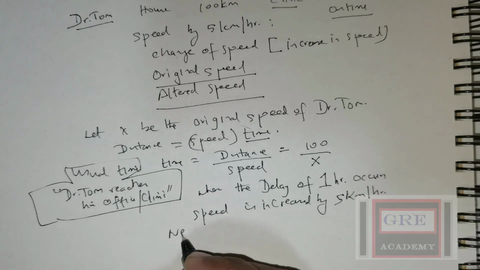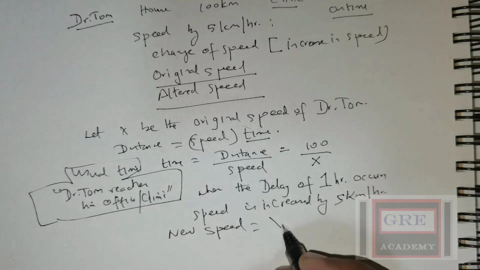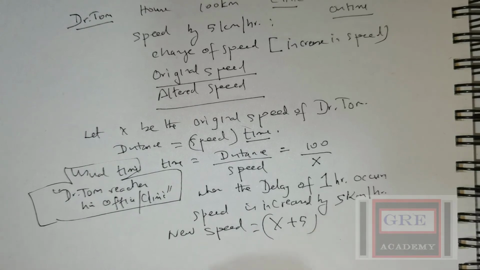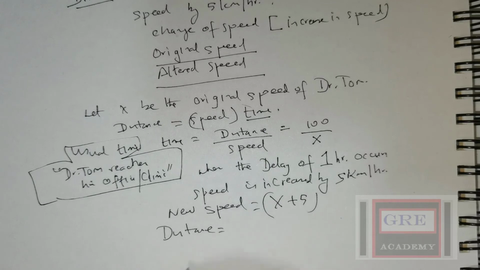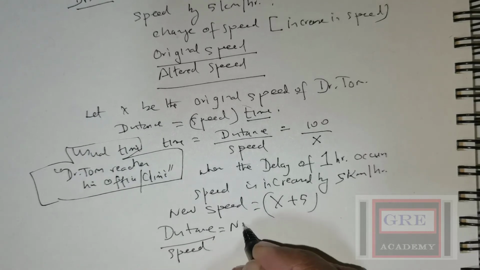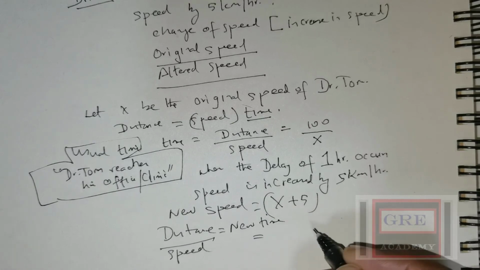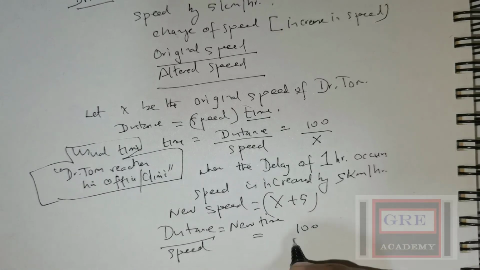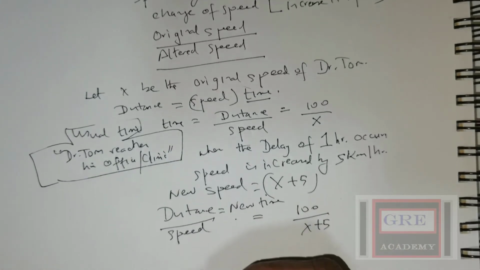So the new speed is going to be x plus 5. So the distance divided by speed will give us the new time. So that is going to be, the distance is 100, speed is x plus 5. So this is going to be my new time.